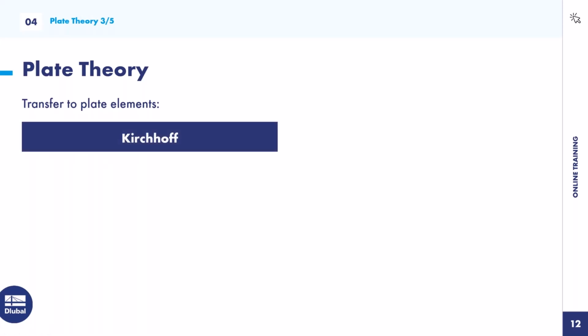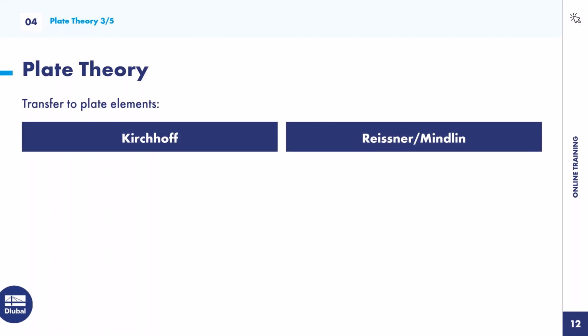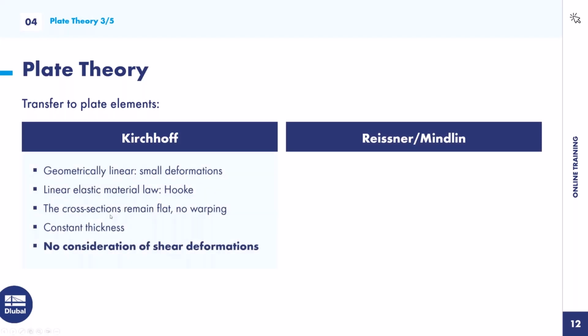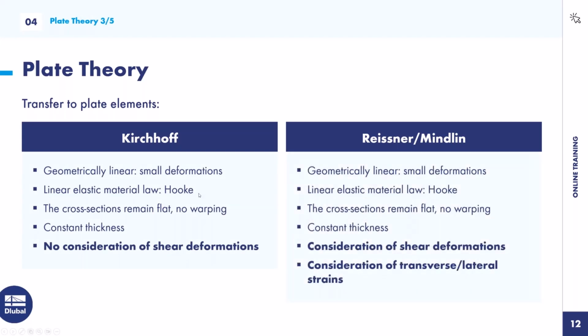We have the Kirchhoff plate theory and the more exact Reissner-Mindlin theory. We have for both systems the linear elastic material law from Hooke. We have geometrically linear and small deformations. The cross sections remain flat and there won't appear any warping.